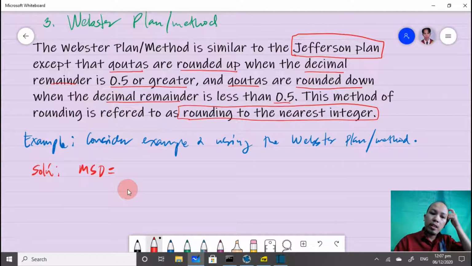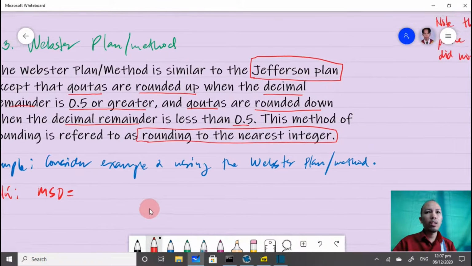In the Jefferson plan, the modified standard divisor is less than the standard divisor. But in the Webster plan, the modified standard divisor is greater than the standard divisor.